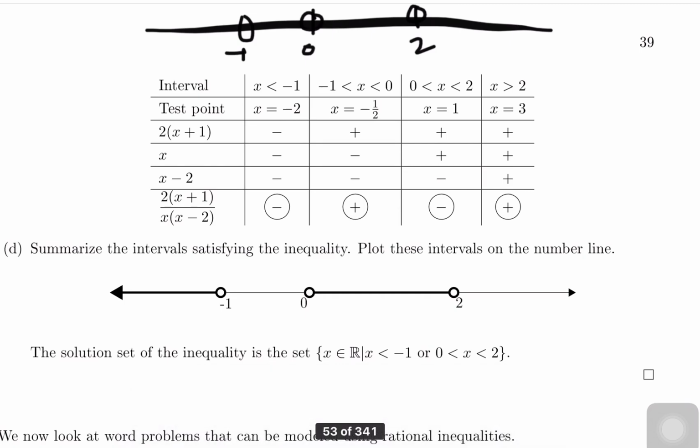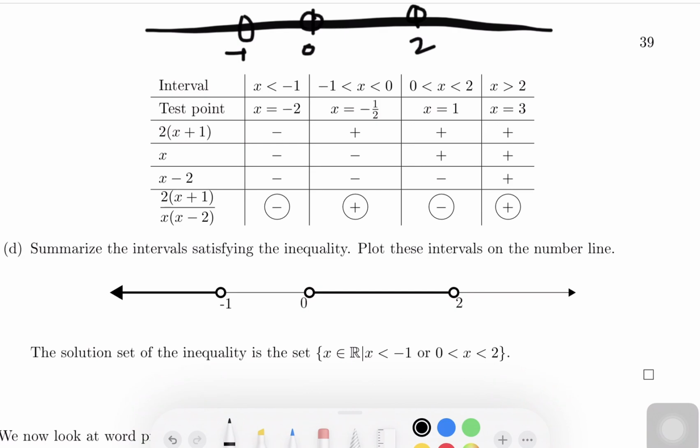So look at this. In x less than -1, pick 1 here. Do not use the endpoint. So for less than -1, give any number here. Let's try -2. Any number here, -1/2. Any number here, we have 1. Any number here, we have 3.